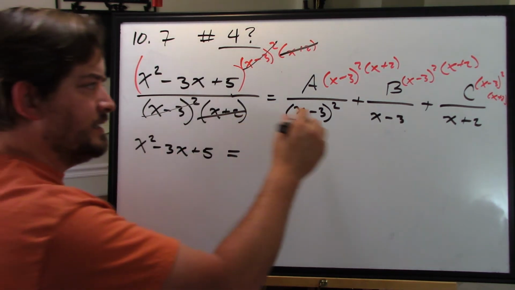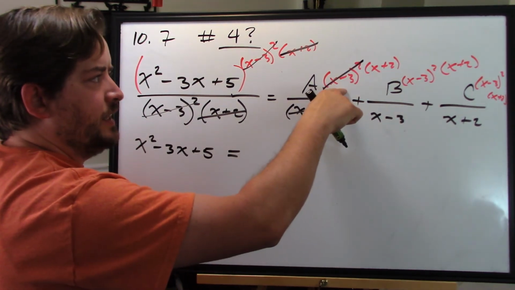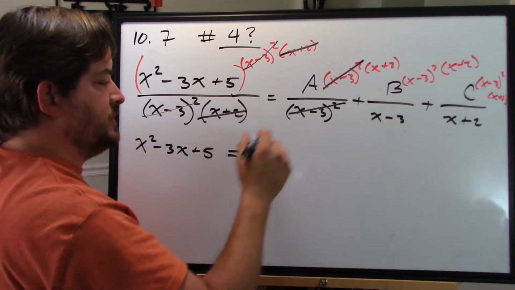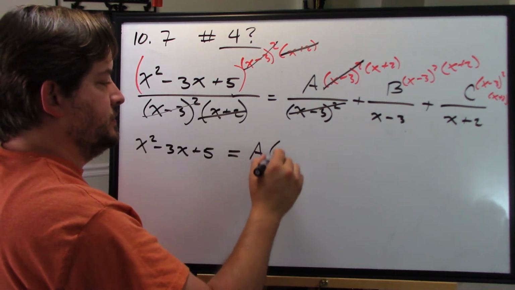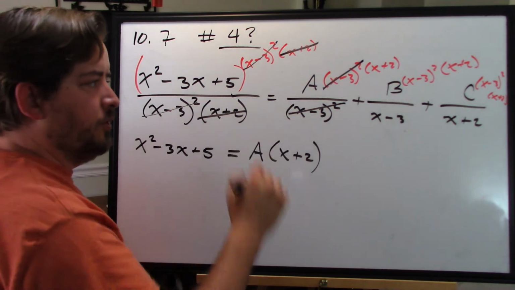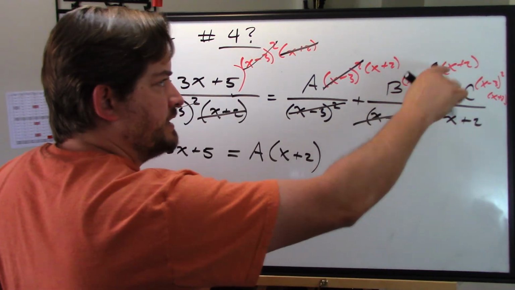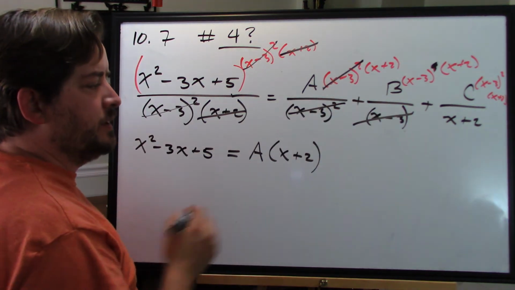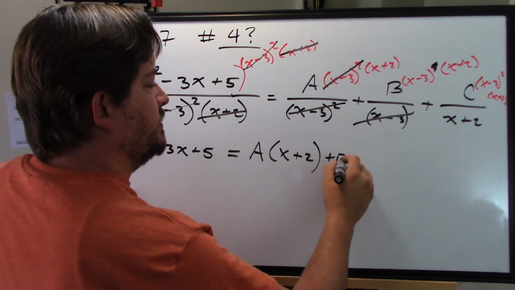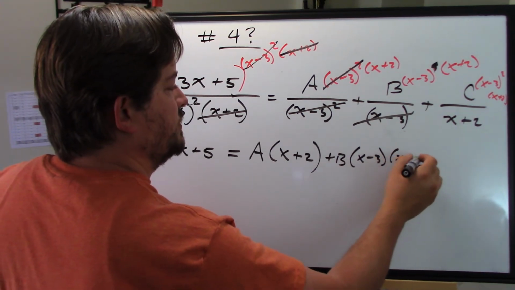And on the right hand side, the x minus 3 squared takes care of the x minus 3 squared for the a term, so I'm just left with a times x plus 2. For the b, I only have one x minus 3 in the denominator, so it takes care of one of them, but it leaves the other one. So that leaves me with b multiplied by x minus 3 times x plus 2.